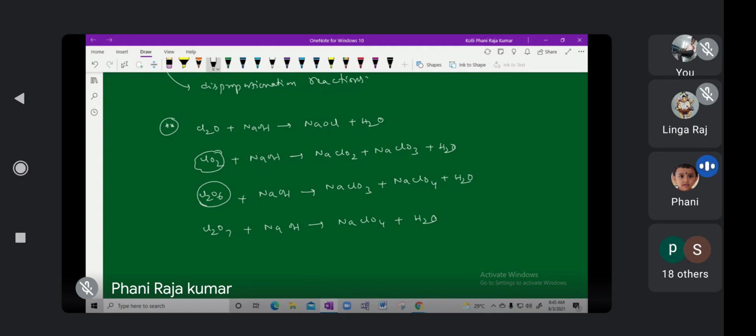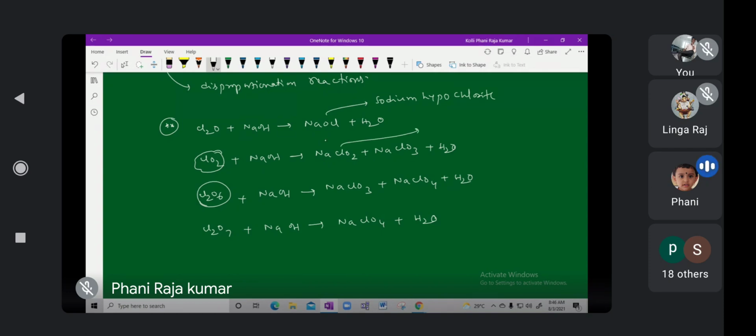With alkalis, two oxides give two types of salts, and two oxides give only one type of salt during the neutralization reactions with strong bases like NaOH. NaOCl, from hypochlorous acid, is called sodium hypochlorite.